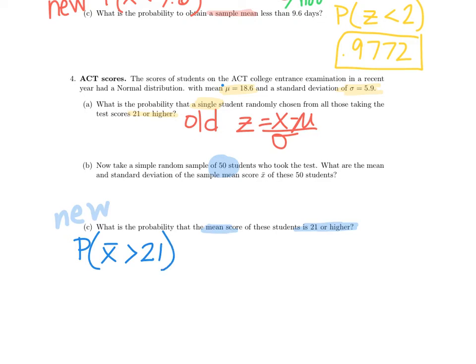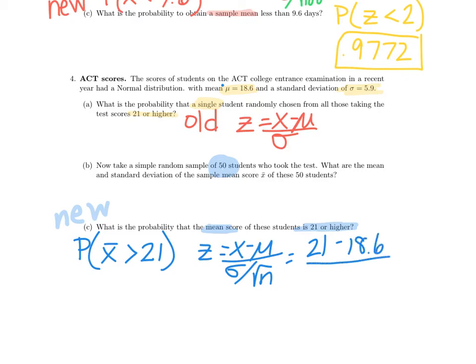So we're going to calculate our z. Z equals x minus mu over sigma over square root of n. X is 21 minus our mean, 18.6, our mu. Sigma is 5.9, divided by square root of n.